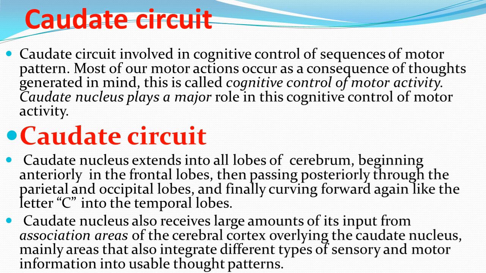The caudate nucleus also receives a large amount of its input from association areas of the cerebral cortex overlying it, mainly areas that integrate different parts of sensory and motor information into usable thought patterns. It receives input from the association areas of all the lobes: frontal, parietal, occipital and temporal.